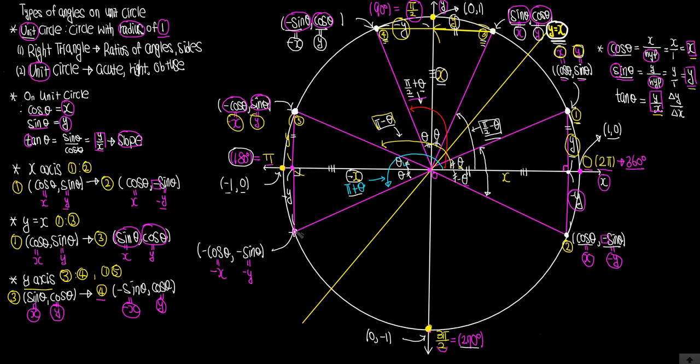So for the coordinate of pi plus theta, where from 180 degrees we added theta, the x coordinate will be negative cosine theta, and the y coordinate will be negative sine theta. And this is how we solve for the coordinate of this value.